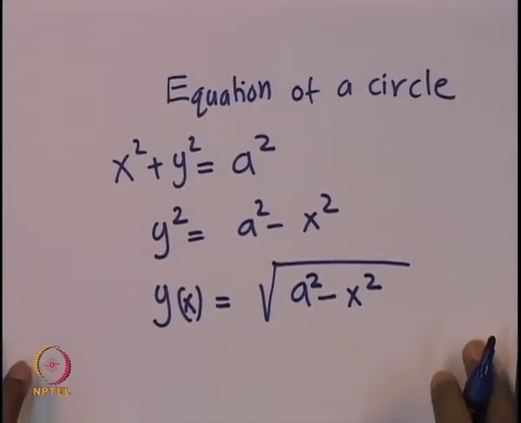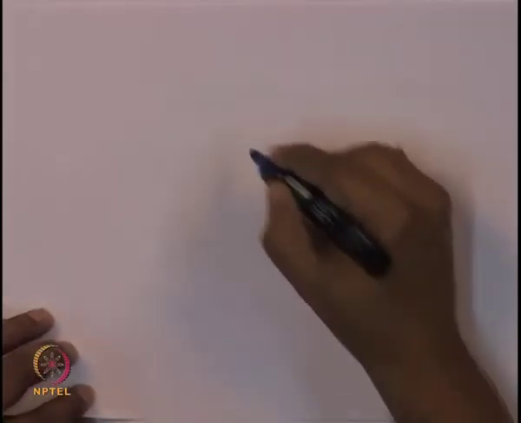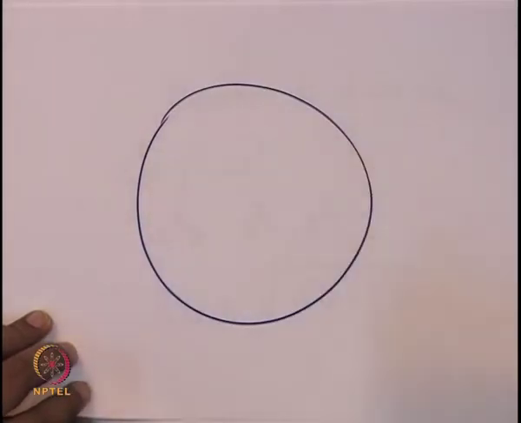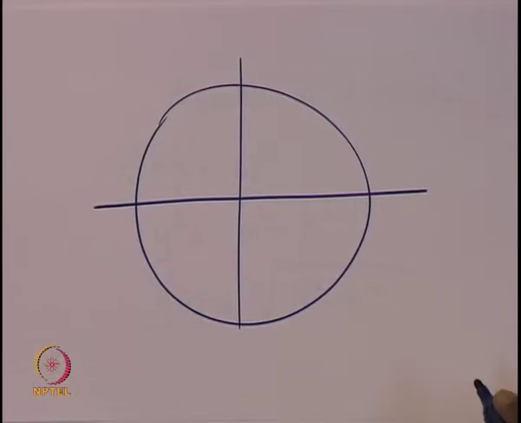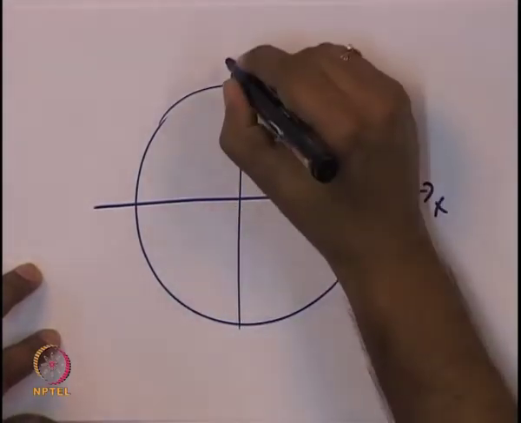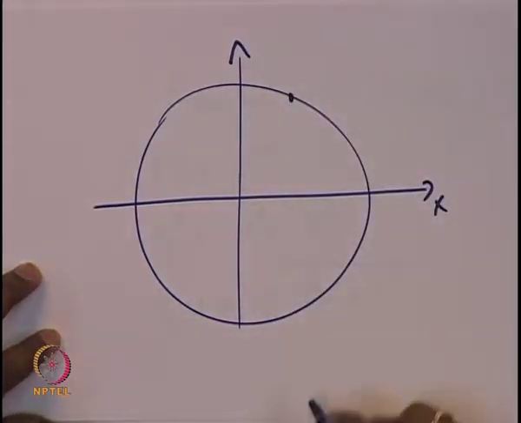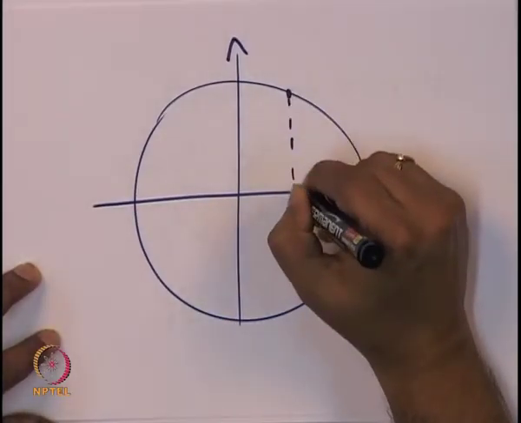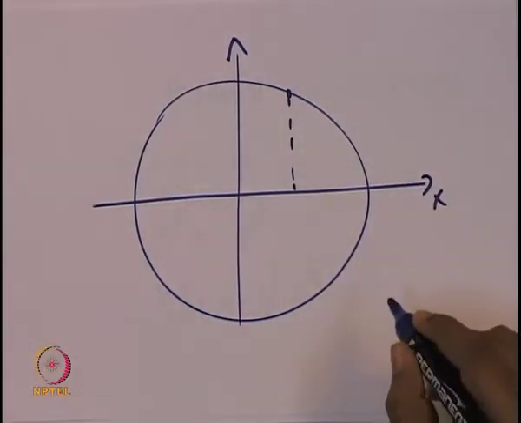Now let us take a small section. Let us think of the circle, like I did not draw it very nicely, but this is our x axis and this is our y axis. Any point here will have a y value given by root of a square minus x square.